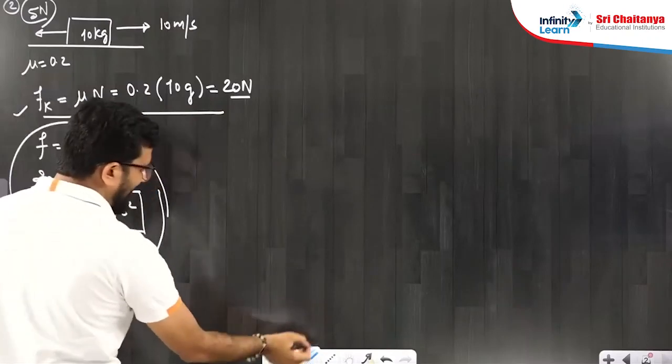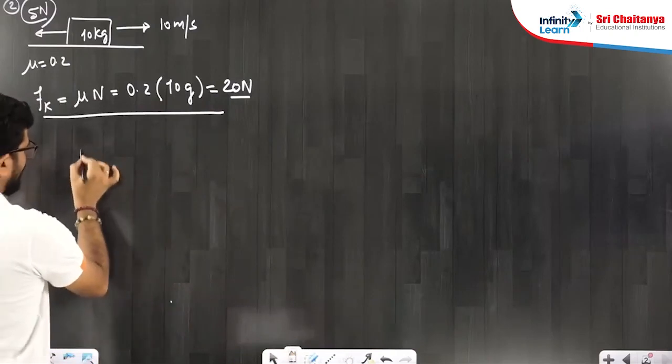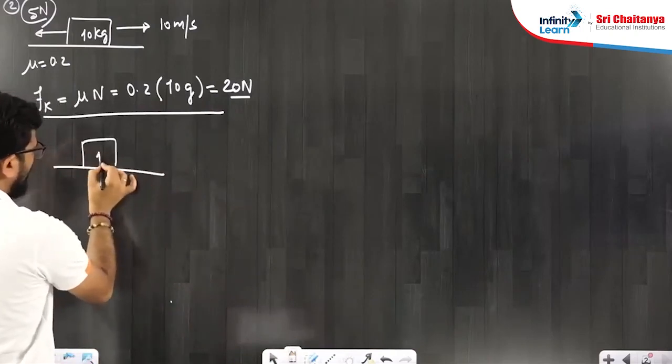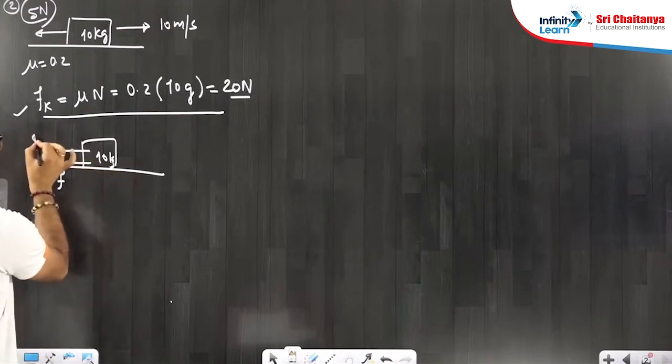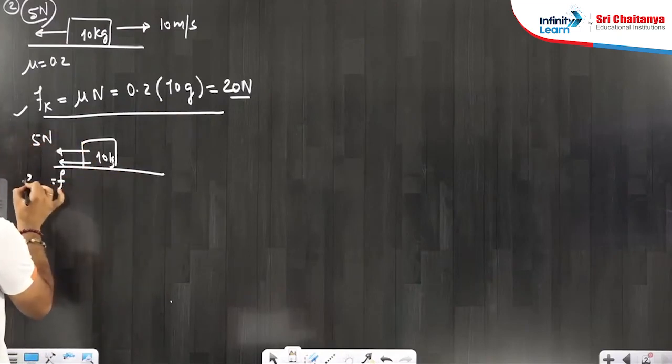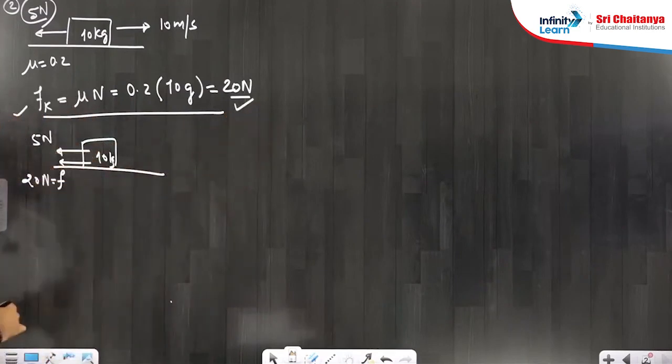That means we will apply it like this, that there are two forces acting on this 10 kg block, one is the friction force and one is the 5 Newton force, and the friction force is nothing else but 20 Newton, we have already calculated. The total force becomes 25.